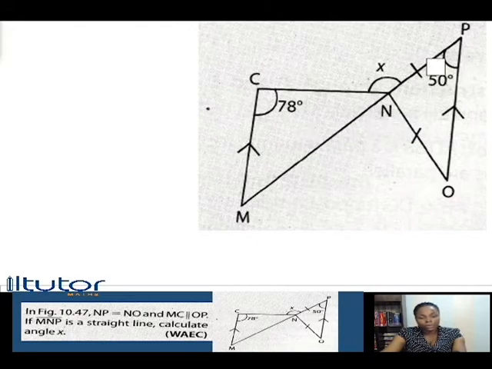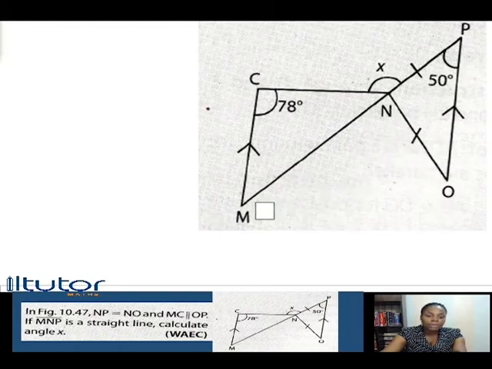And there's a theorem on isosceles triangles: the base angles are equal. So if NPO is 50 degrees, that means NOP will also be 50 degrees.